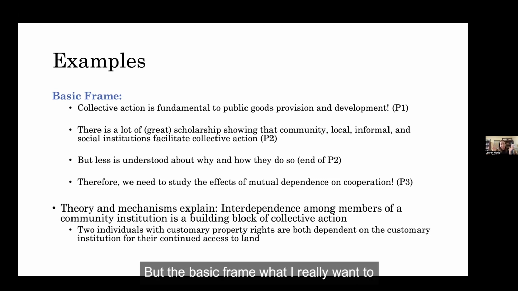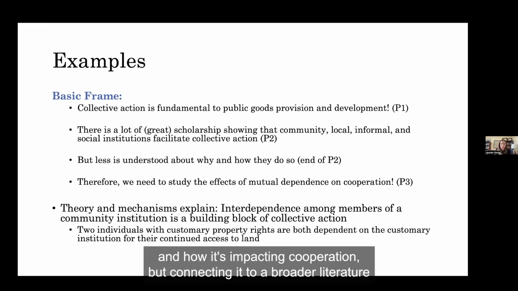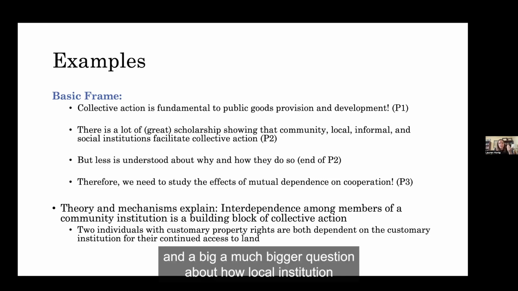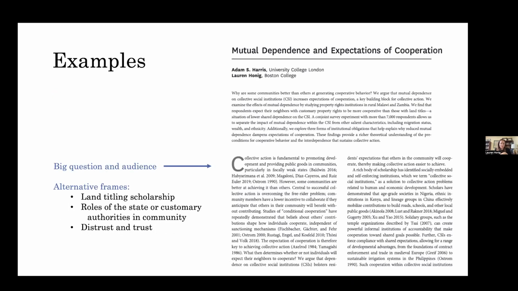Okay, but the basic frame, what I really want to highlight here is taking the more narrow project, which is a survey experiment looking at this signal of different types of property rights and how it's impacting cooperation, but connecting it to a broader literature and a much bigger question about how local institutions can help to create collective action.